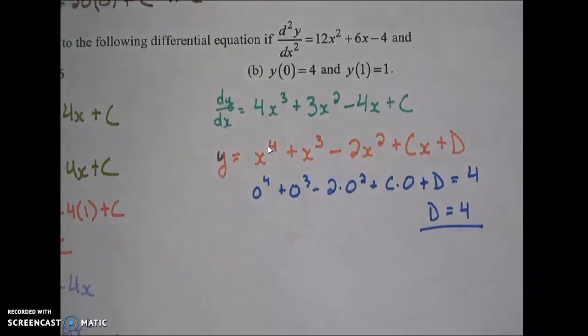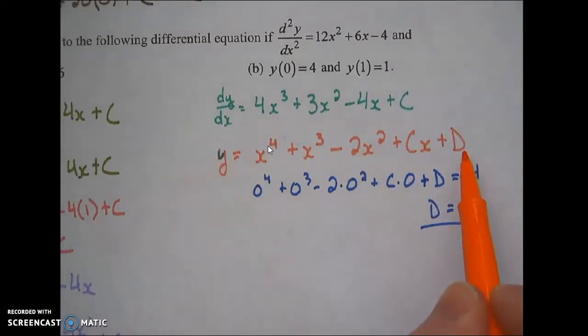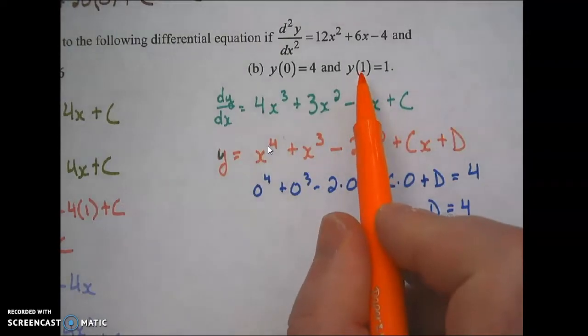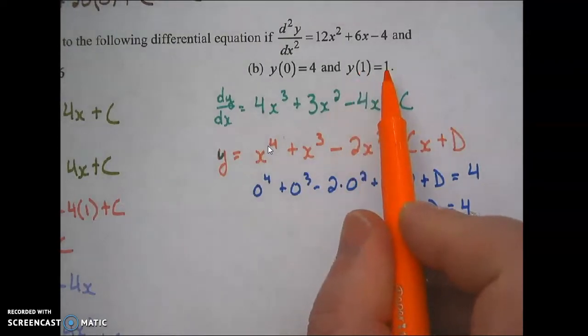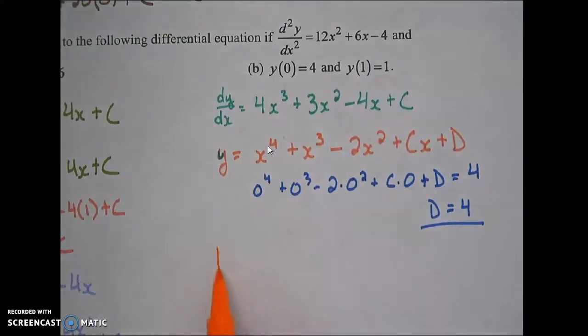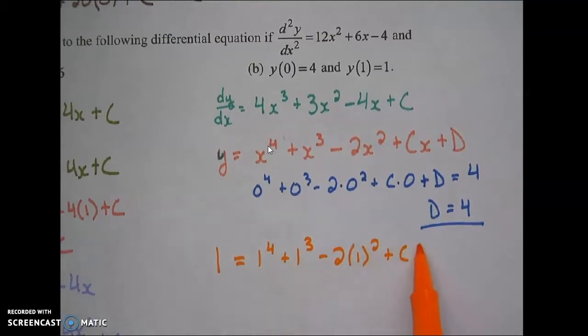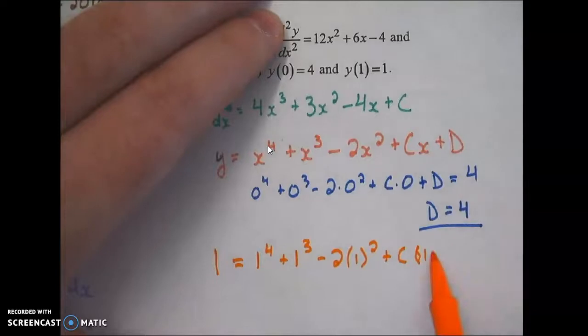And then let's use that hint to figure out what big C is. So I'm going to go back to my y equals equation. I can now substitute this in here, and I've got an x value of 1, and then I should get a y value of 1. So I'm going to have 1, my y value is 1, equals 1 to the 4th plus 1 cubed minus 2 times 1 squared plus c times 1, and then we just calculated that d was 4.